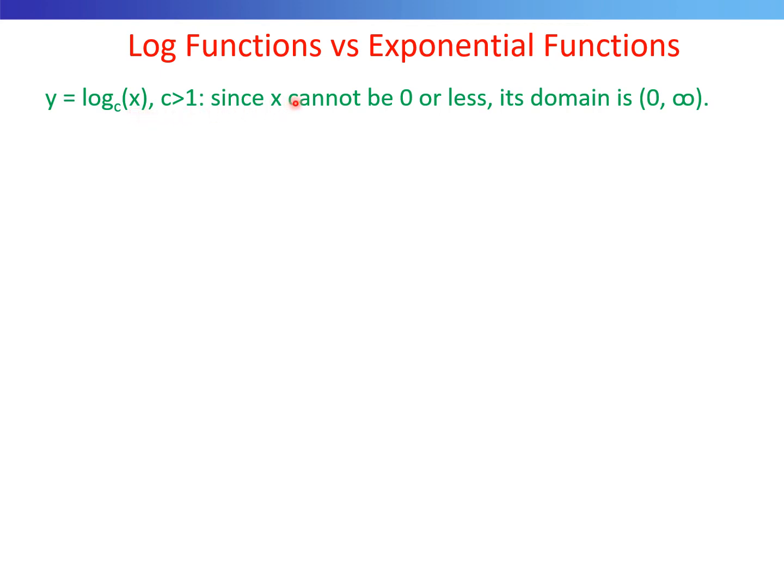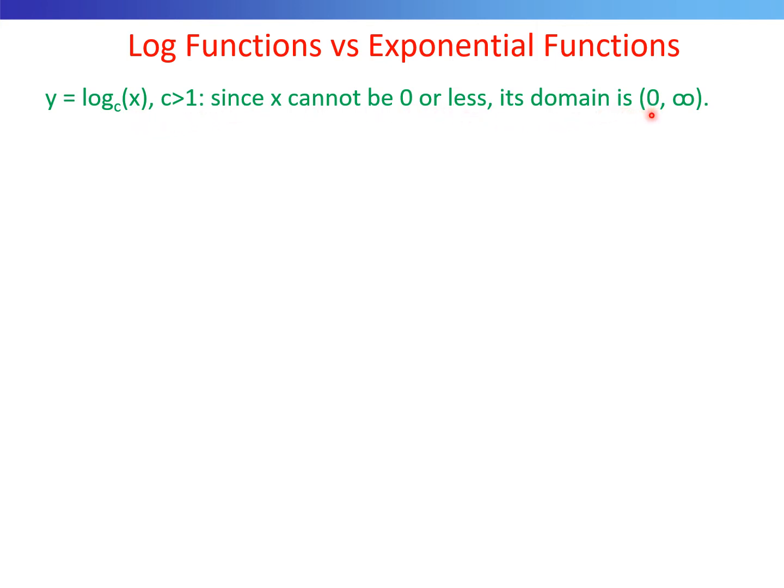So if that is the case, then its domain should be from 0 to infinity, not including 0, positive real numbers. That's what this log will take. Greater than 0, positive real numbers only. It will not take negatives.